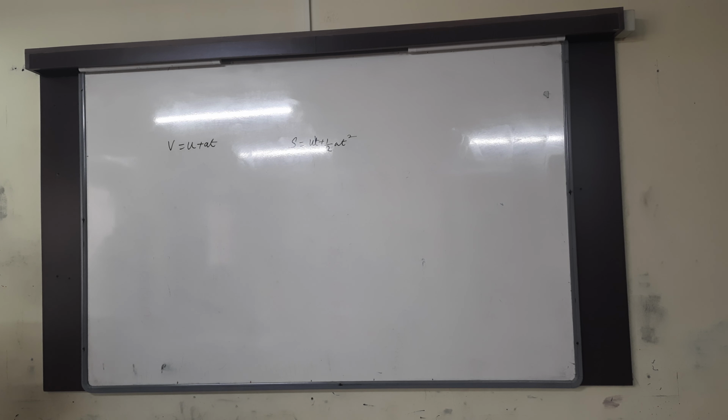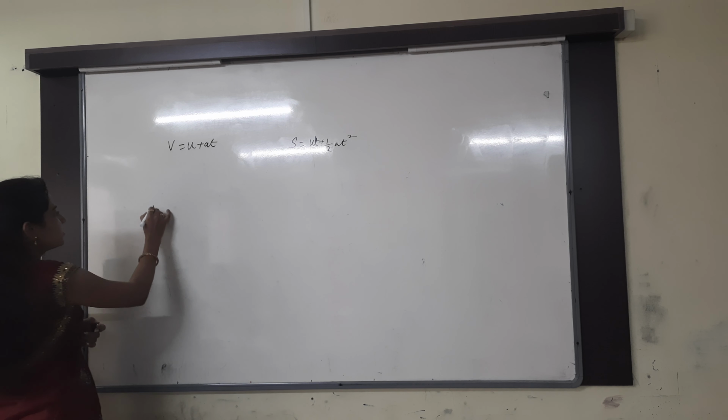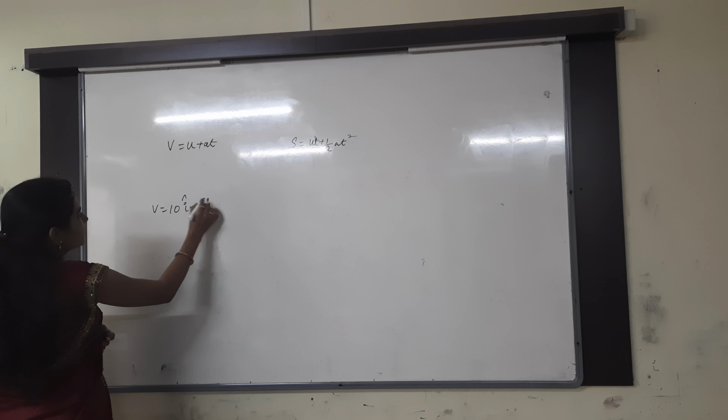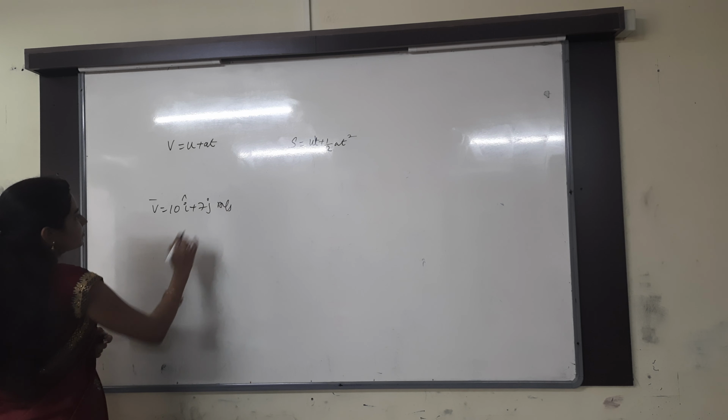t is 2 seconds. It is simple addition only, there is nothing in that. How much velocity you got? 10 i cap plus? Yes, very good, 7 j cap meters per second.